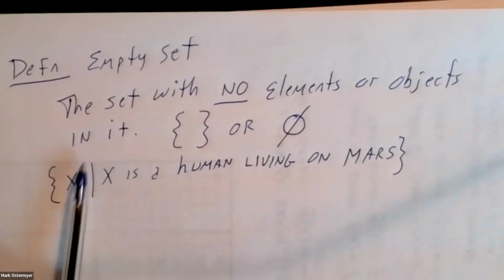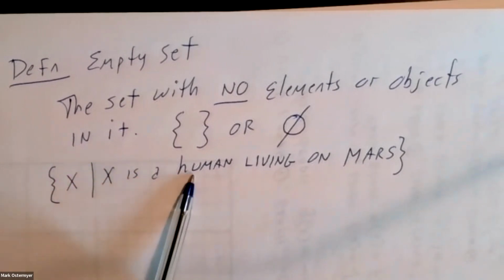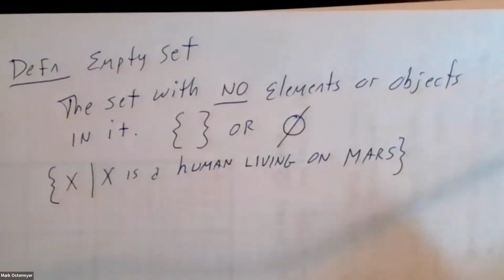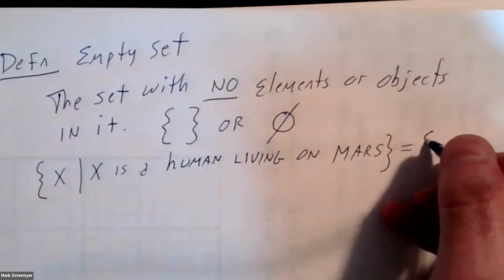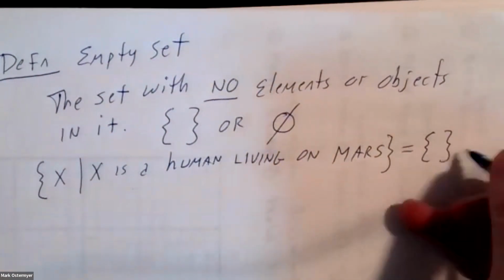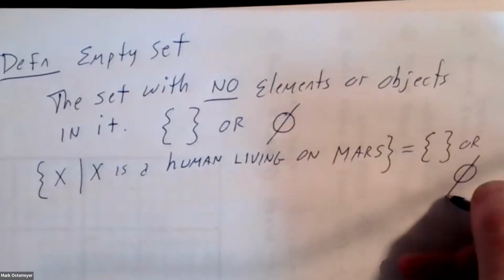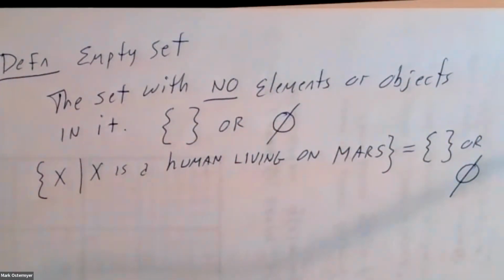The set of all objects such that X is a human living on Mars. Would there be anybody in this set? Well, not to my knowledge. I don't think there's anybody living on Mars. If there is, that's news to me. So this would be what? The empty set. Or we could say this set is empty. Make sense?